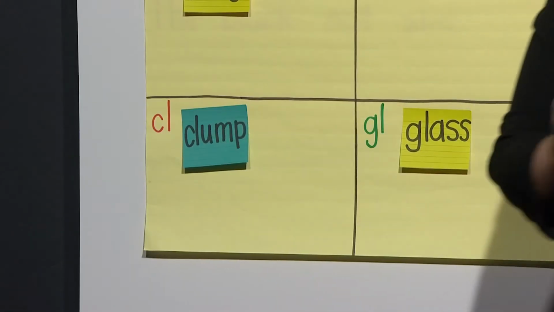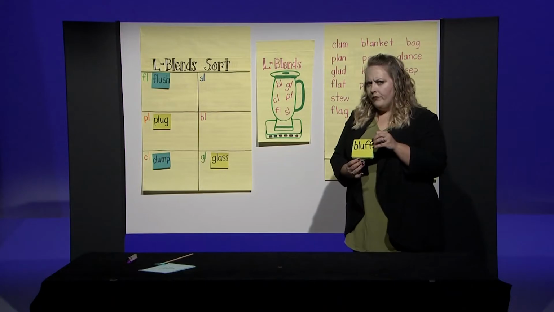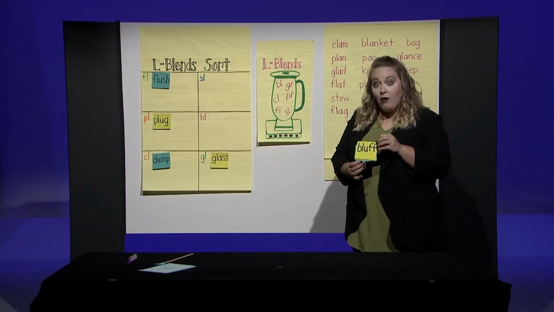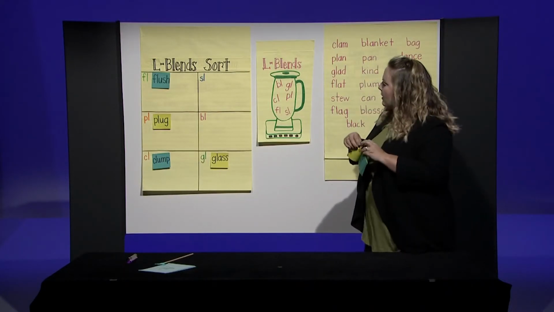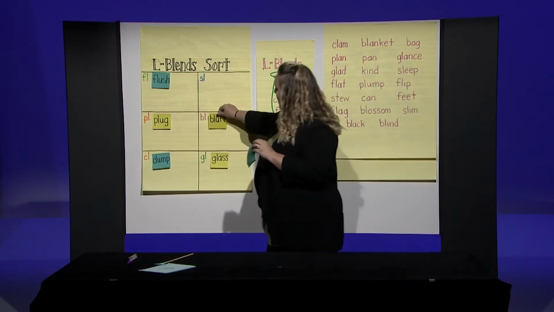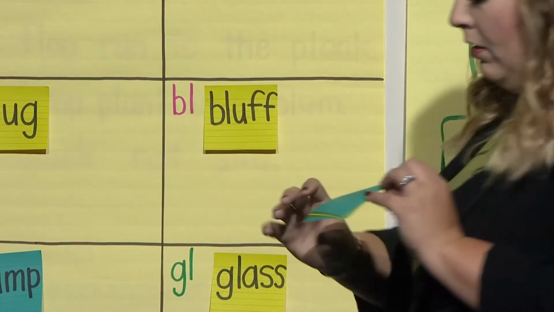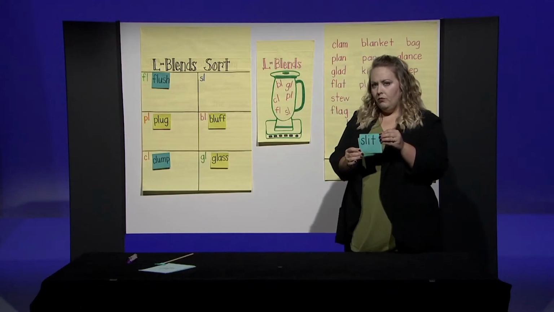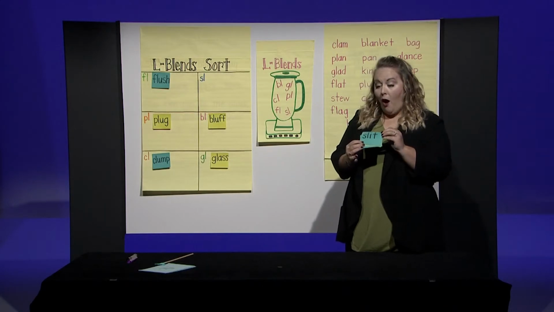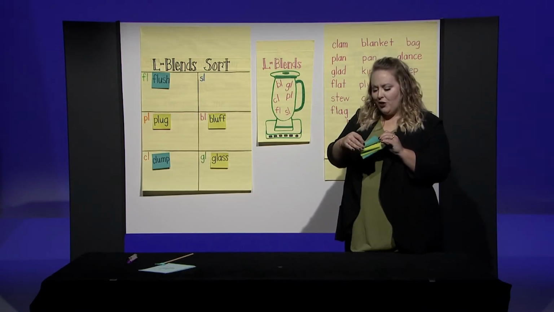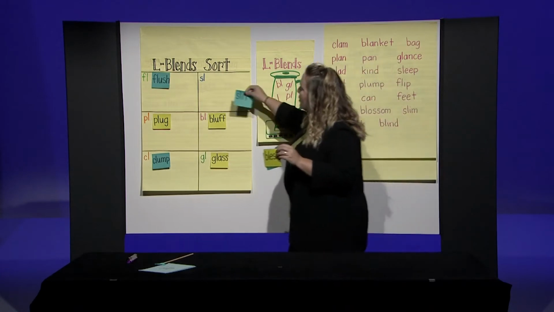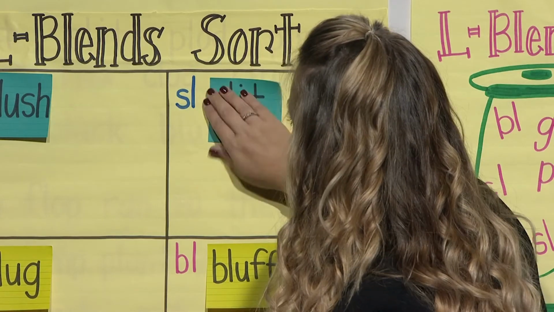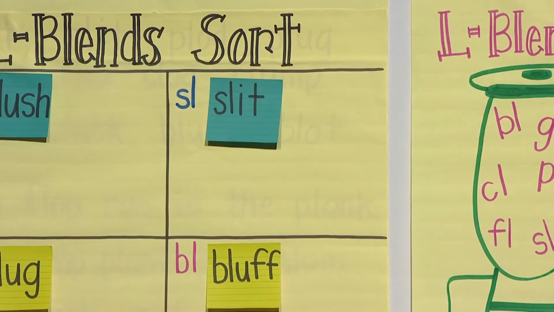Okay, your turn. Read this word for me. Bluff. Awesome job. Where does bluff go? BL. This one? Awesome. Slit. I heard you. Remember, sound it out if you have to. That goes with our SL blends.